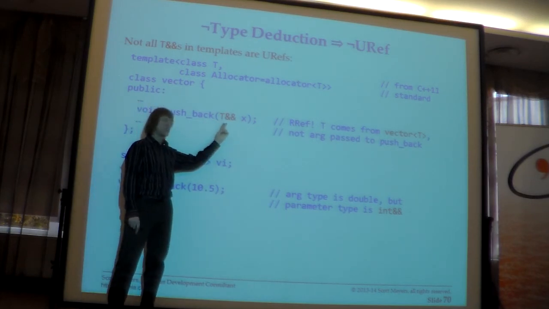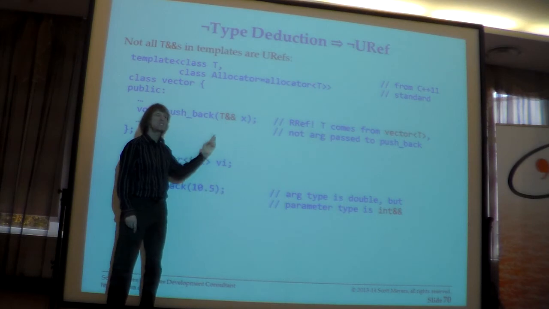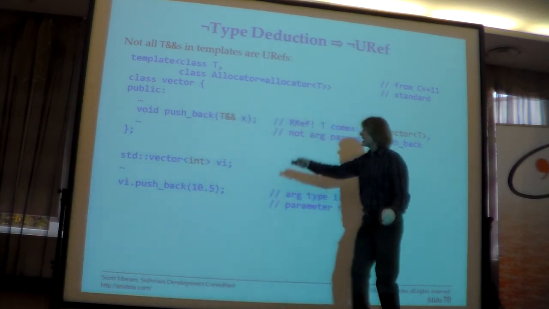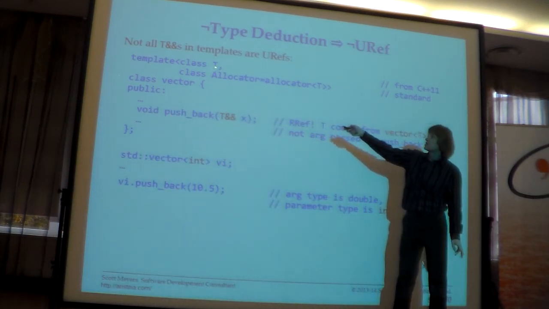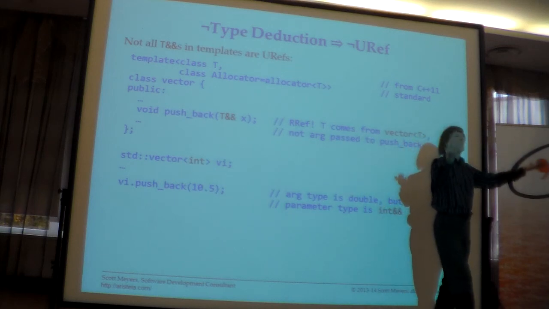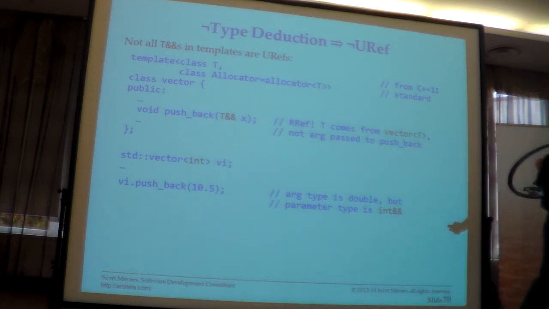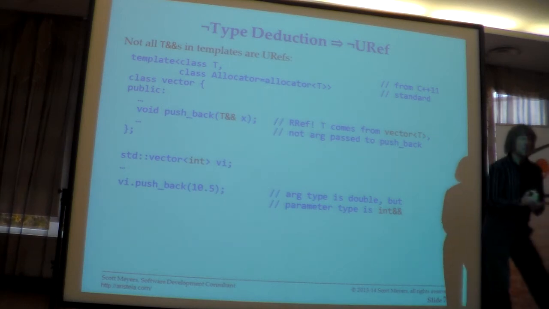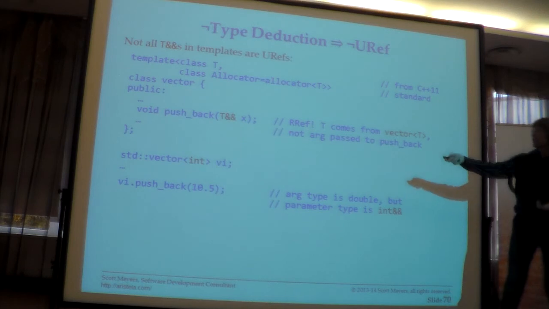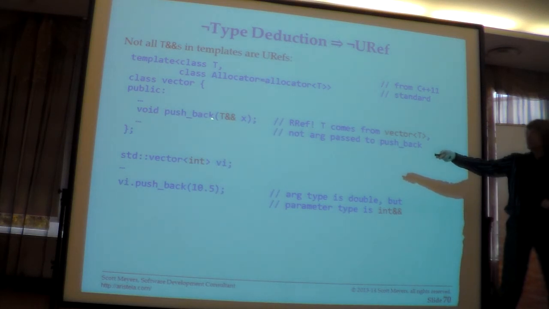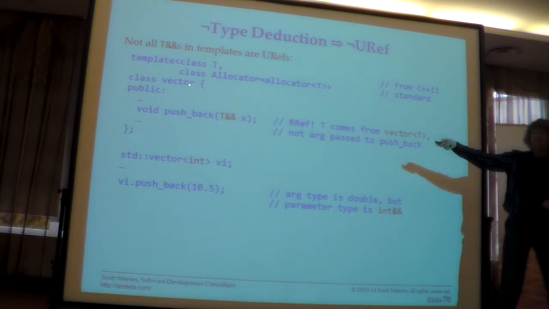This is an R-value reference. There's no type deduction going on here. The type T was never deduced because this is a class template. The type T was passed in. Remember, function templates can deduce types. Class templates can't. This push_back, the T here is whatever T was specified for vector.